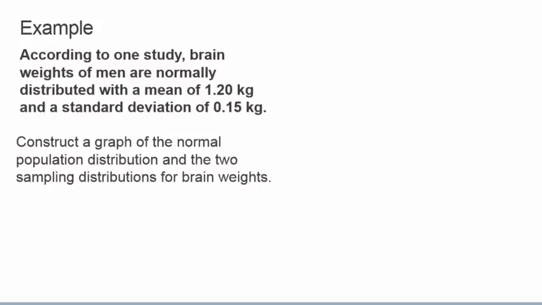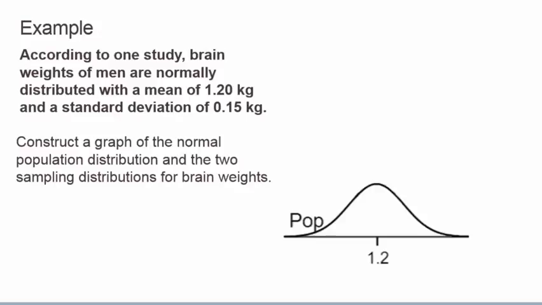Continuing with our example, construct a graph of the normal population distribution and the two sampling distributions for brain weights. We start with our number line where our mean is marked 1.2 as the center. Our population curve is our normal curve with a standard deviation of 0.15.